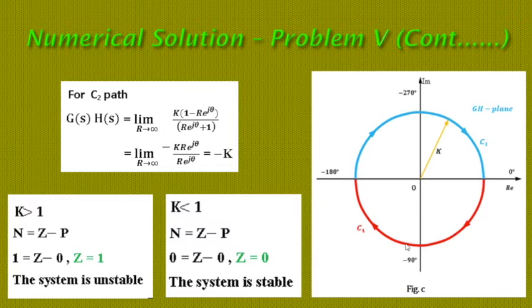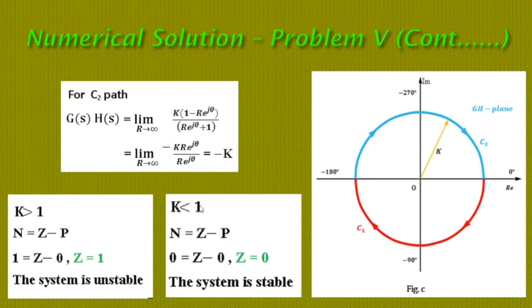Then it is encircled one time at the minus 1 plus j0 point. This is clockwise. That means N equal to 1. And there is no right hand side open loop pole, so P equal to 0. Then Z equal to 1. So this is an unstable system.